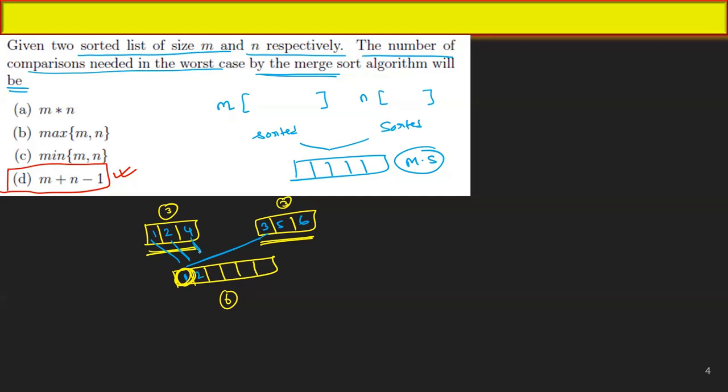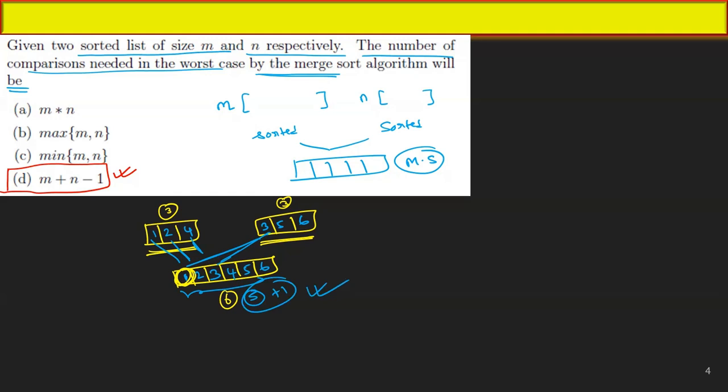Now here you will go to 4, here you will be in 3, you will get 3, and then 4 5, you will get 4, 5 6 you will be getting. So for comparison, for the first 5 positions you are comparing, the sixth position is automatically filled.